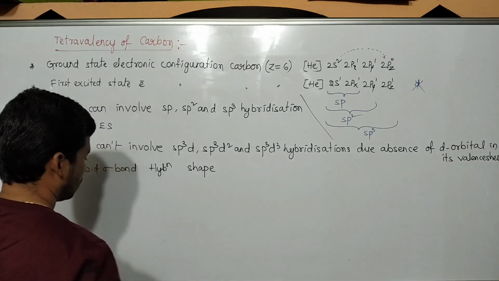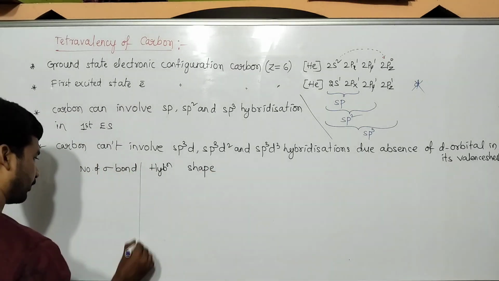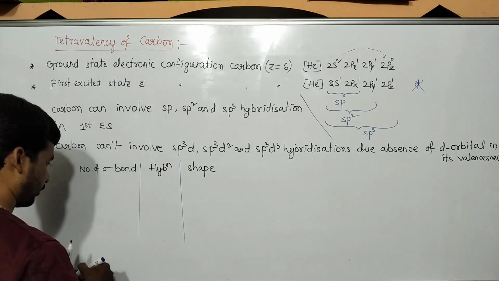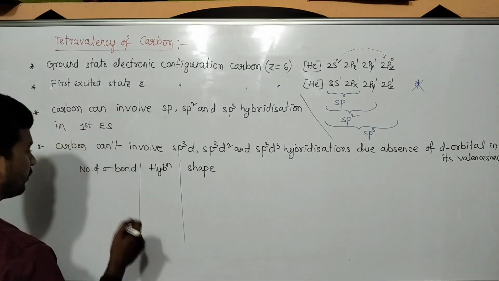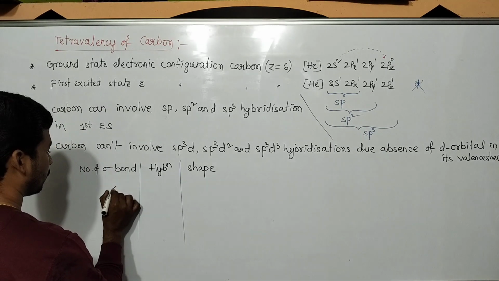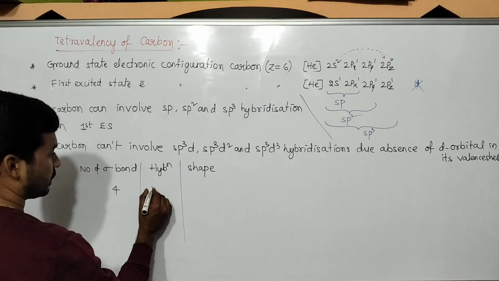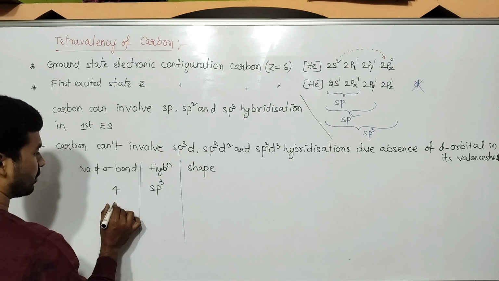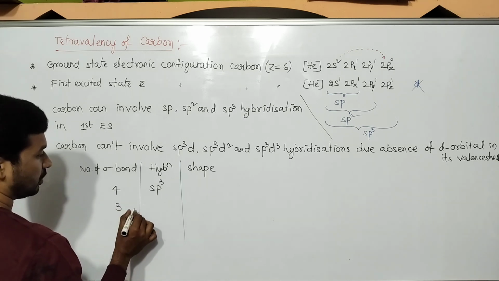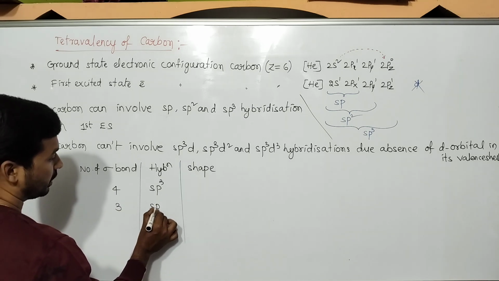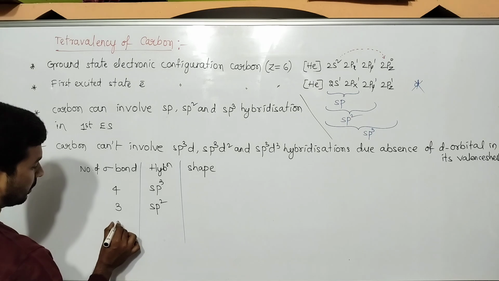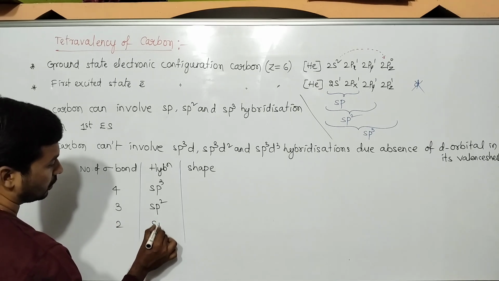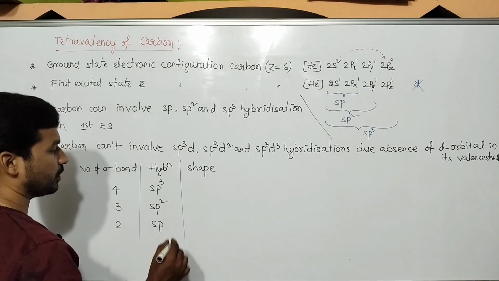See this. If the number of sigma bonds is 4, the hybridization of carbon is sp3. If the number of sigma bonds is 3, the hybridization of carbon is sp2. If the number of sigma bonds is 2, then the hybridization of carbon is sp.